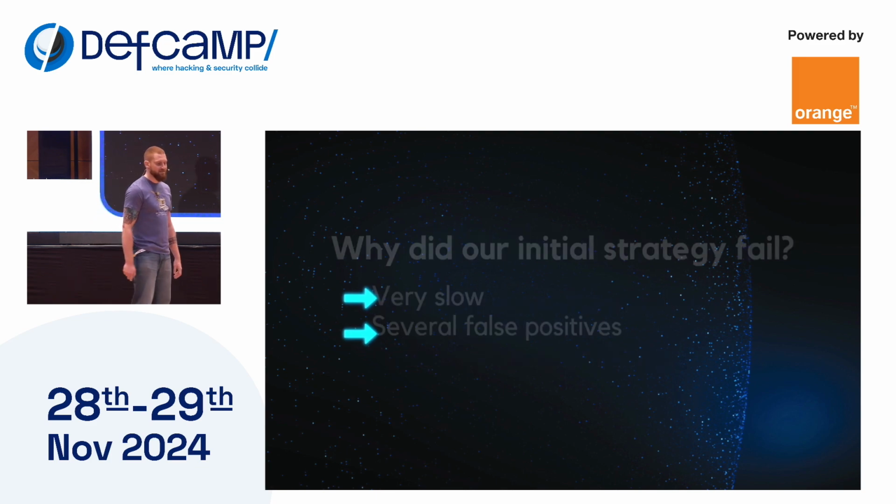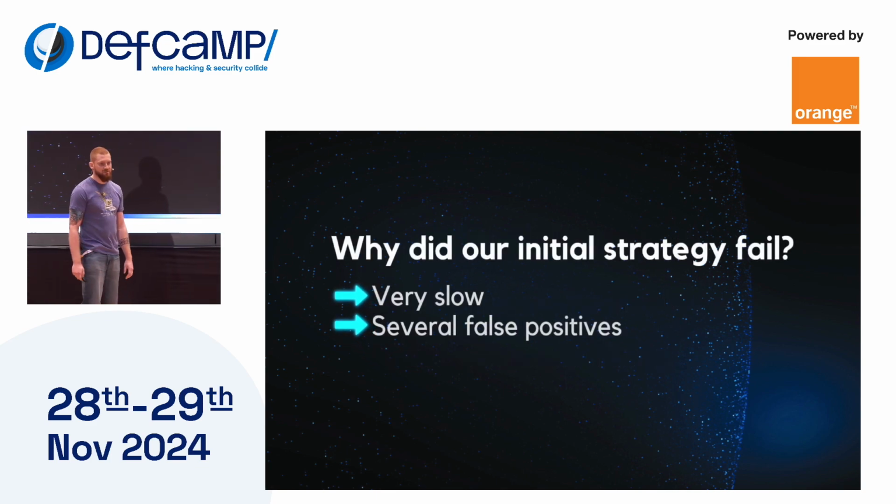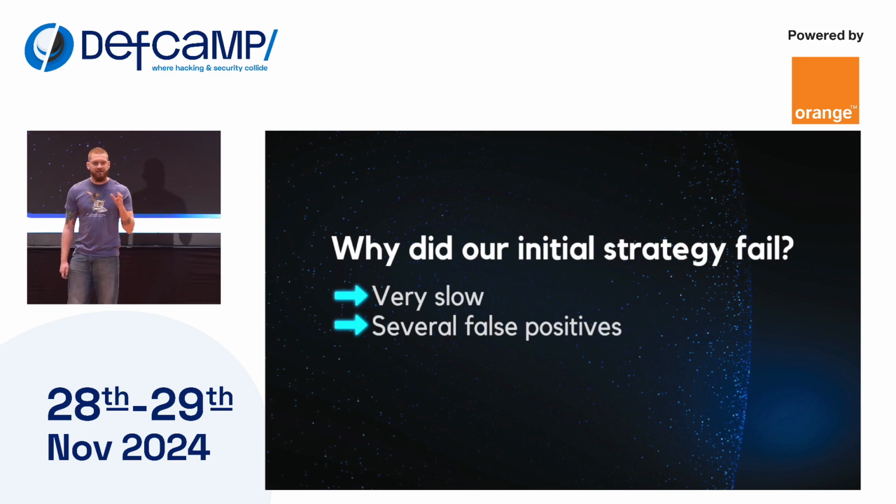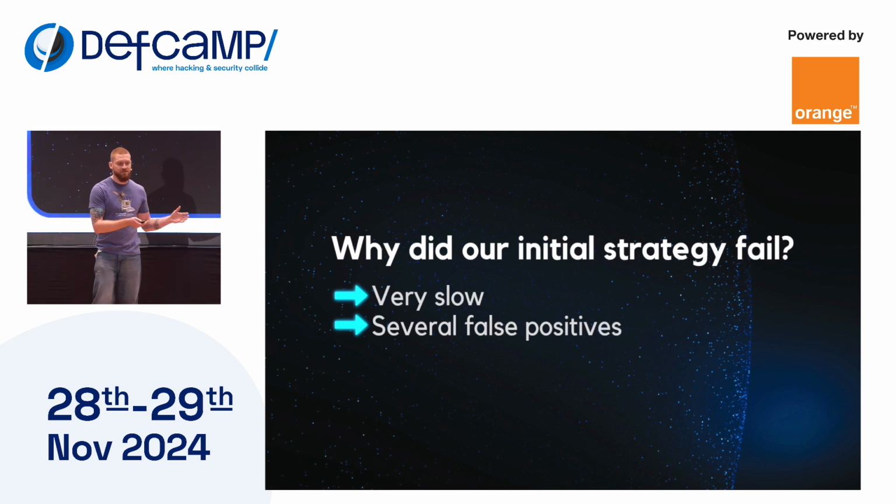The problem with it was that it was quite slow for our needs, and it also created quite a few false positives. And while we would have been able to work through the false positives, the fact that it was slow was the main issue. Because a slow scanning tool meant longer EC2 instance running times, which in turn would have probably meant a way higher AWS bill.